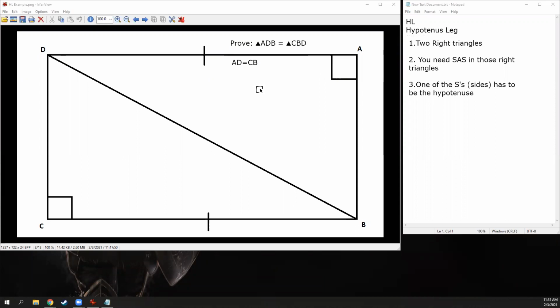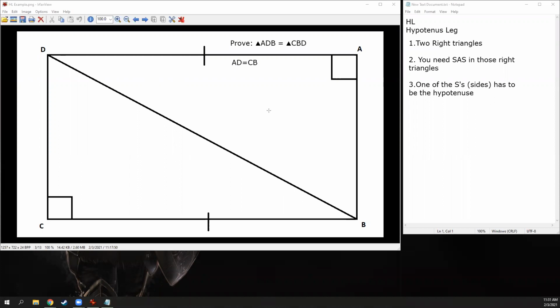So now we need to find another side. Well, where are we going to find that? I mean, well, we don't need to find another side. We need to find something else that's equal. These angles are hard to work with. You can see that they're split, but not in half. So you have no idea what they are.